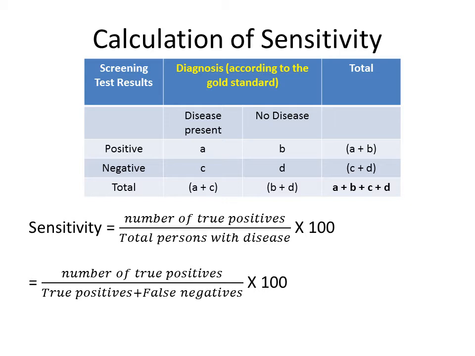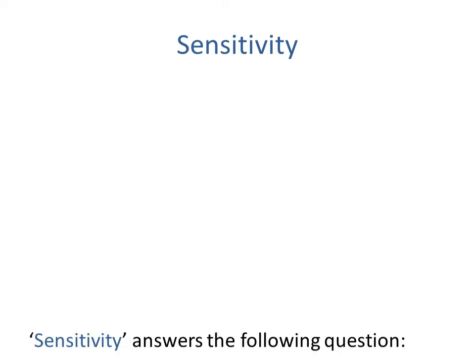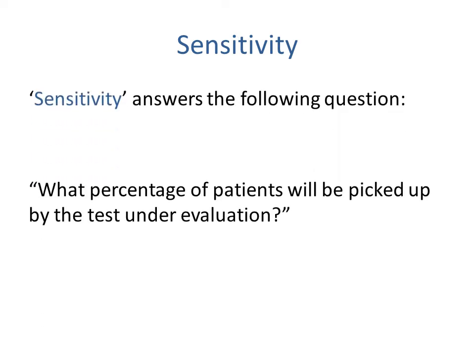So that will be the number of true positives divided by true positives and false negatives. That makes it A divided by A plus C times 100. Clear? Sensitivity answers the following question: what percentage of patients will be picked up by the test under evaluation?